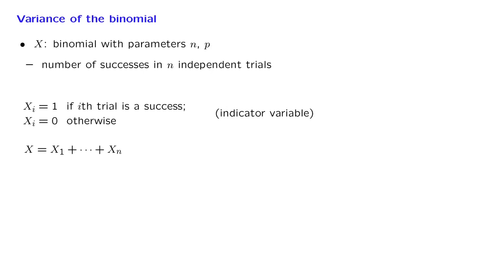The key point to note is that the assumption of independence that we're making is essentially the assumption that these random variables Xi are independent of each other. So we're dealing with a situation where we have a sum of independent random variables, and according to what we have shown, the variance of X is going to be the sum of the variances of the Xi's.